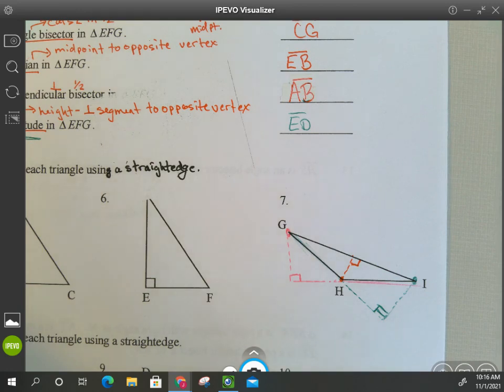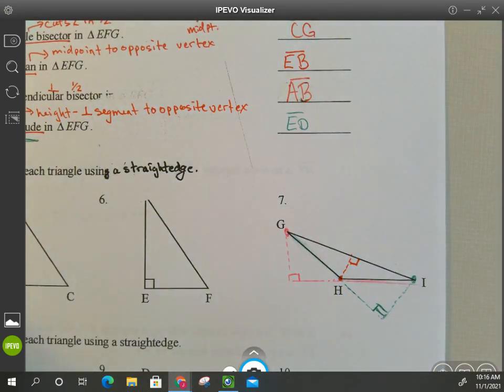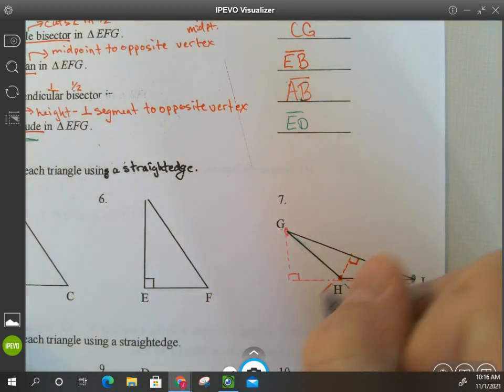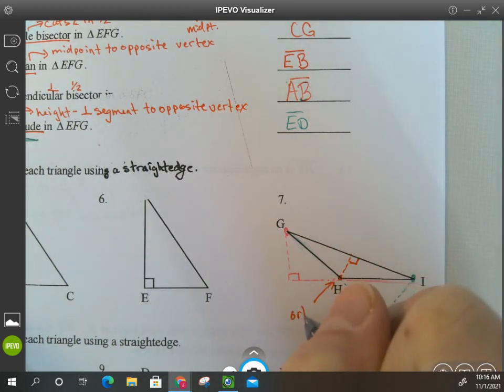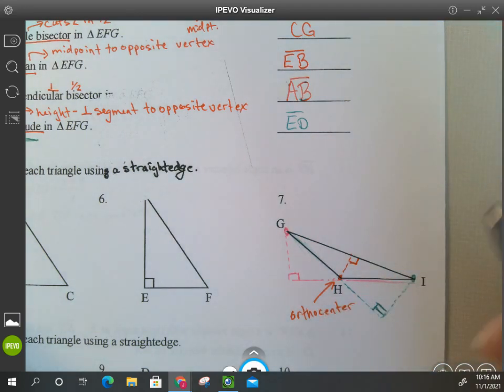Each triangle has 3 altitudes. Just in case you're interested, where all 3 altitudes meet is called the orthocenter. It's not something we focused on.